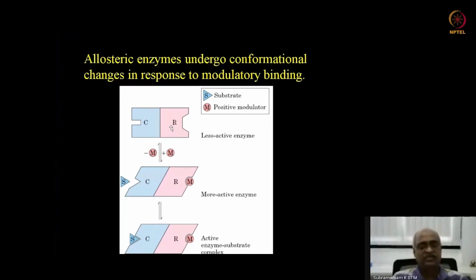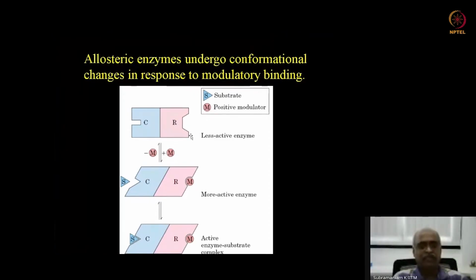In a heterotropic allosteric enzyme, one subunit acts as a regulatory subunit. It doesn't do any catalysis. And there the allosteric regulatory molecule, here indicated by M, binds.